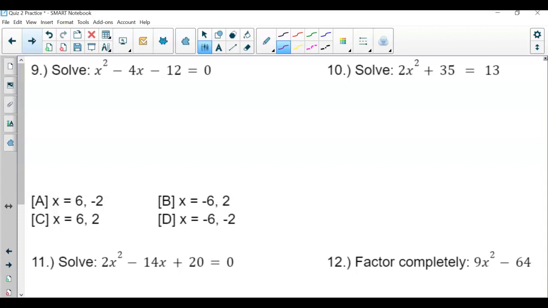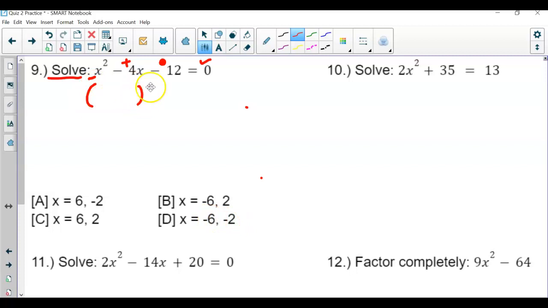So number 9, notice how we are solving and our quadratic is already equal to 0 and in standard form. Our A is equal to 1. There is no GCF, so we're going to go straight to our pattern of what values multiply to get you -12 and add to get you -4. Now use test-taking strategies and notice how our answer choices show 6 and 2.